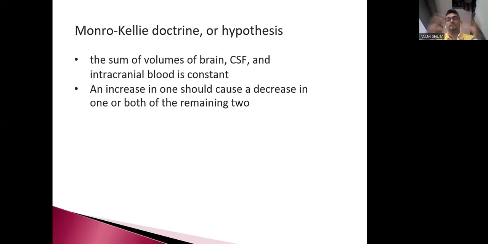So the confined space gets more tissue. The occupied space should be compensated by a reduction in either the CSF or intracranial blood. That's what is said by the Monro-Kelly doctrine.